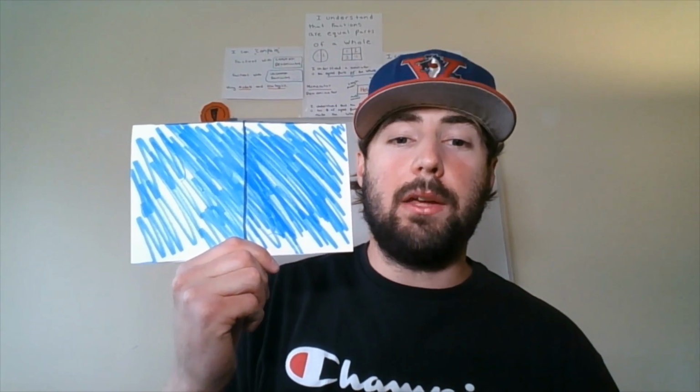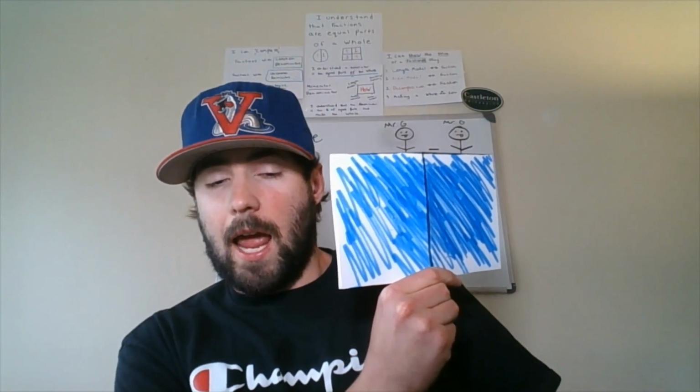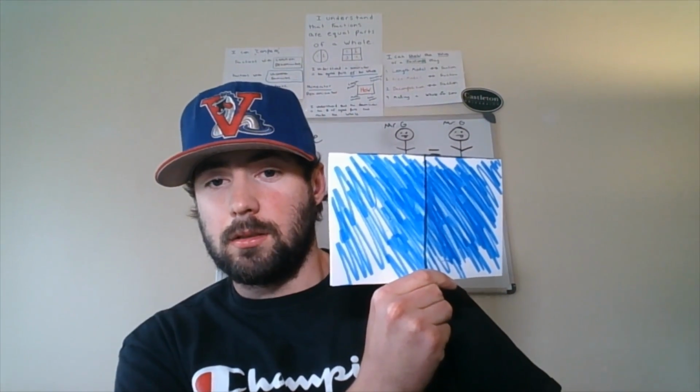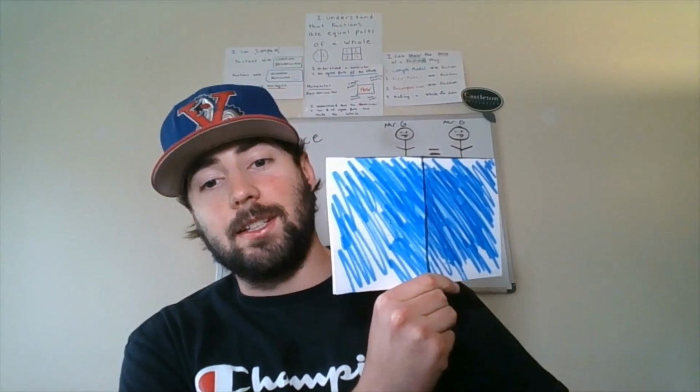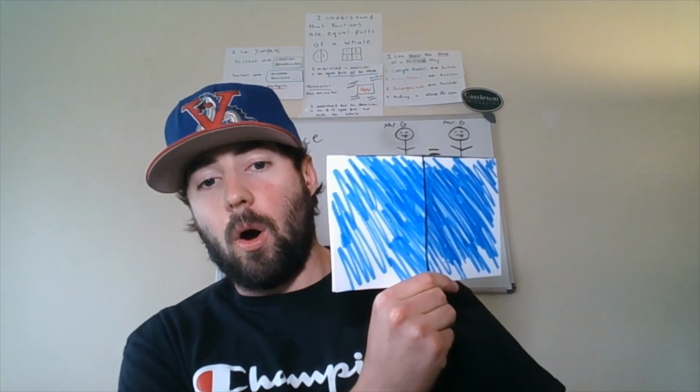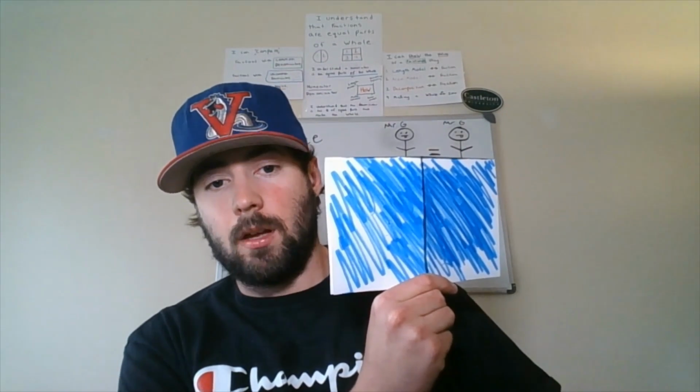We found even when we take a fraction and we break it into more parts, we can actually find some equivalence. Again, as long as those wholes are always the same.